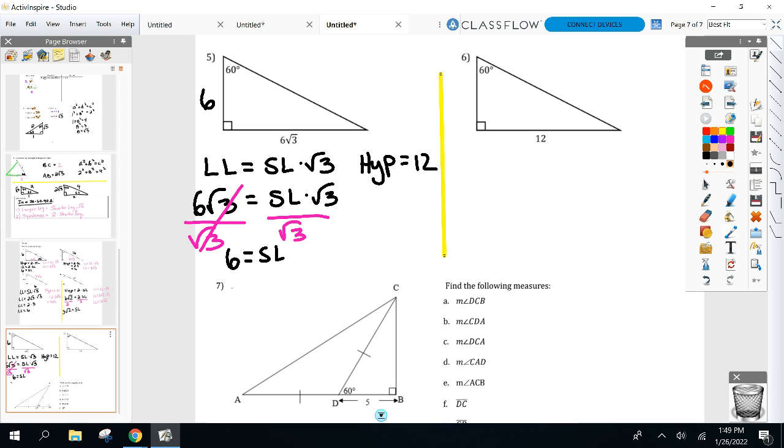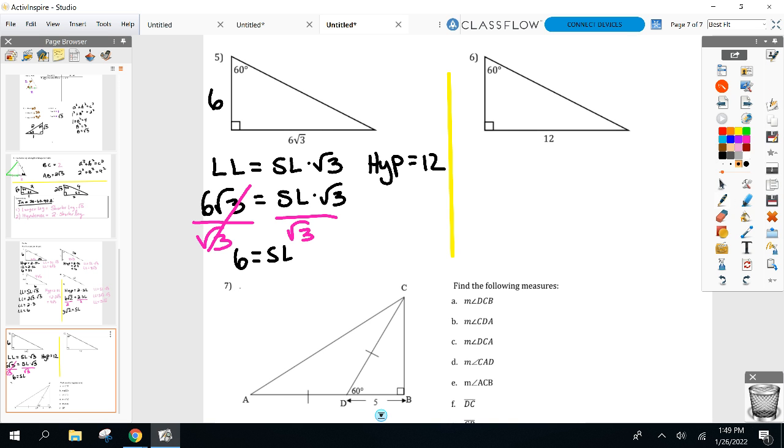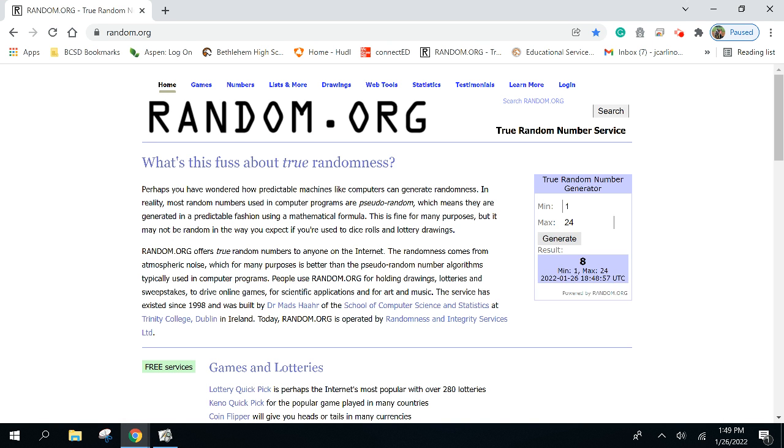But what would happen if I divided by radical 3 and they don't cancel out? Here we go. The 12 across from the 60 makes it the longer leg. And I know that's shorter leg times radical 3. 12, longer leg, equals shorter leg times radical 3. I'm still going to ask, how do I get that shorter leg by itself?